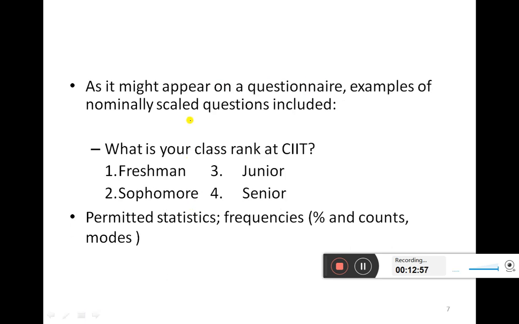Another example: what is your class rank at CITT? CITT is an organization, an institute or university or college. A student is at the freshman level, sophomore, junior or senior level. If a student is a freshman, meaning initial grade, he can't be in the junior, can't be in the senior and can't be at the sophomore level.